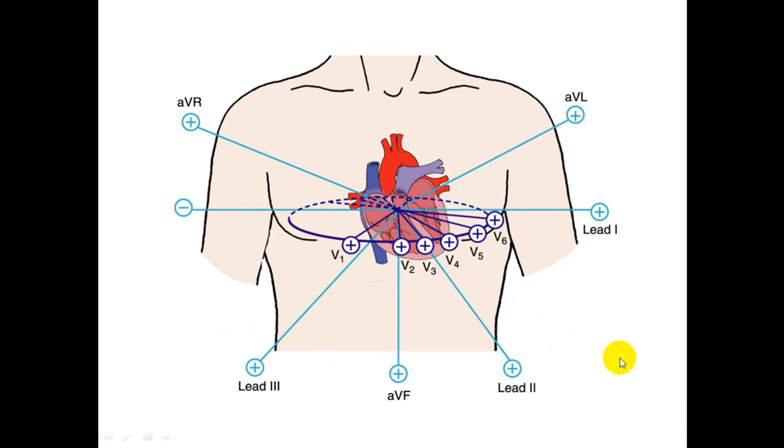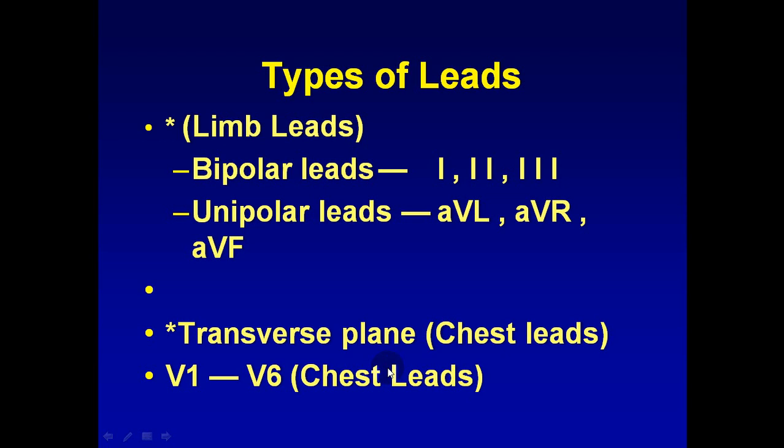V1 and V2 look to the septum, and V3 to V6 look to the anterior wall of the heart. So we look at the heart when recording ECG from the whole plane in the chest.